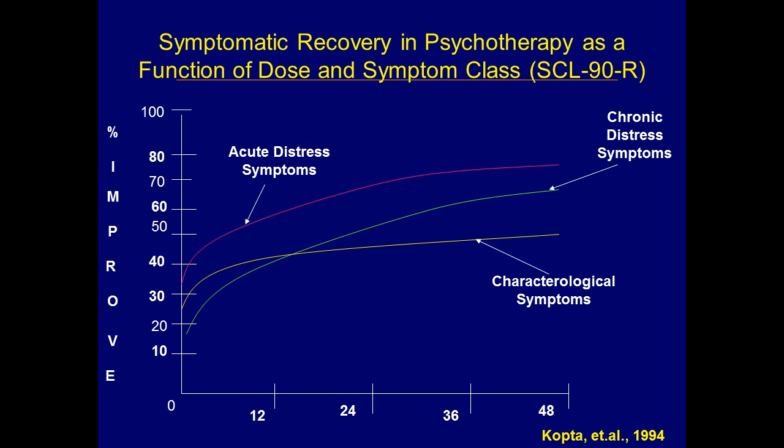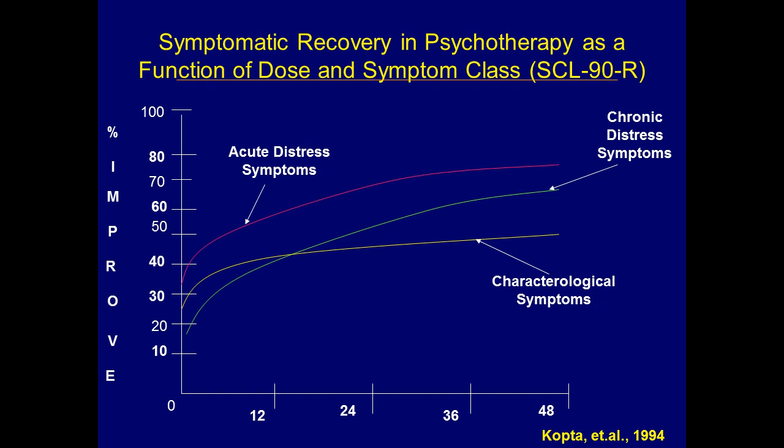And they took a look at a resolution of symptoms by distress category across time. And this graph only goes to just a little short of 1 year, but they actually carried it a bit further than that.